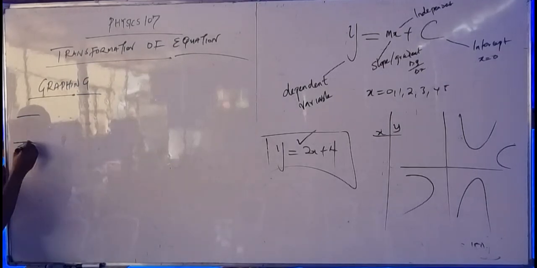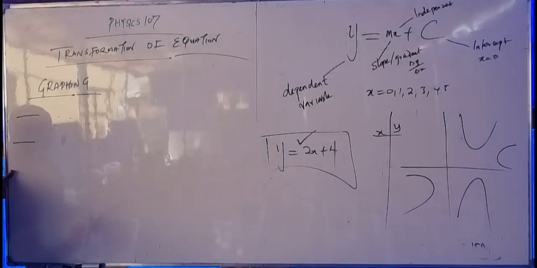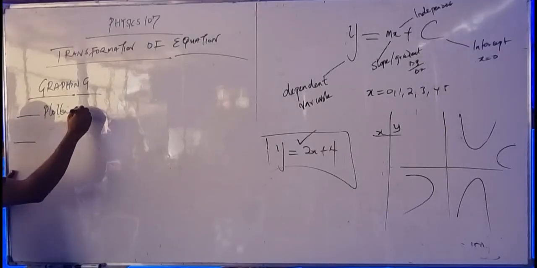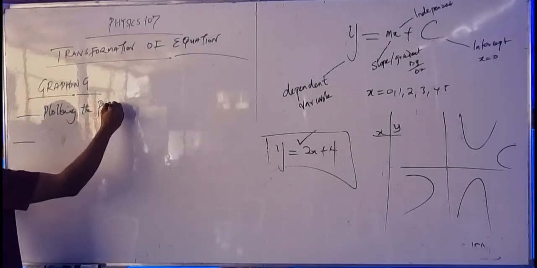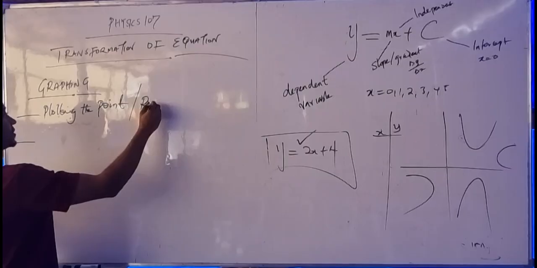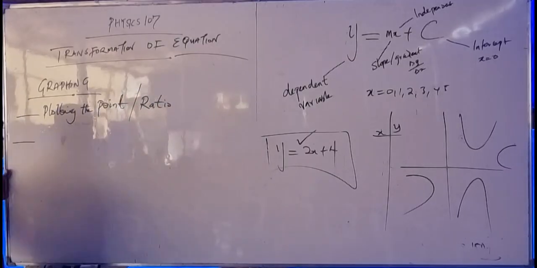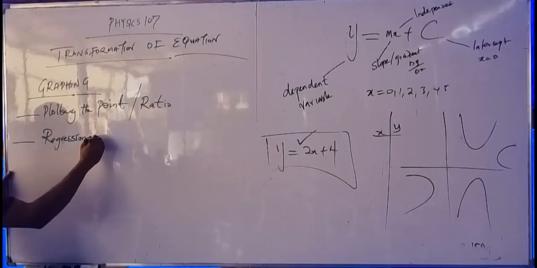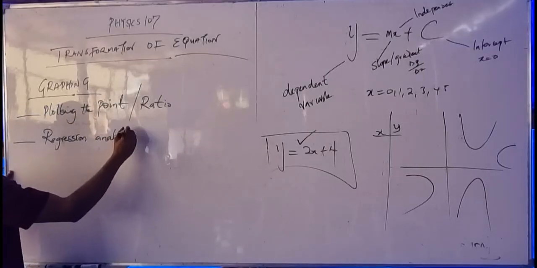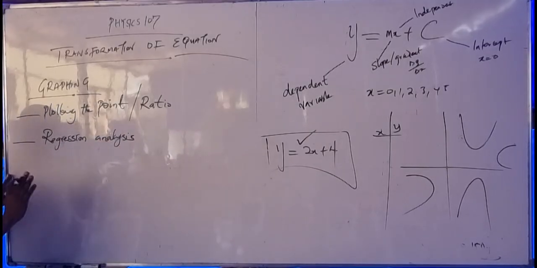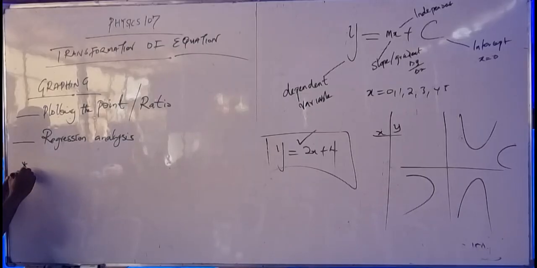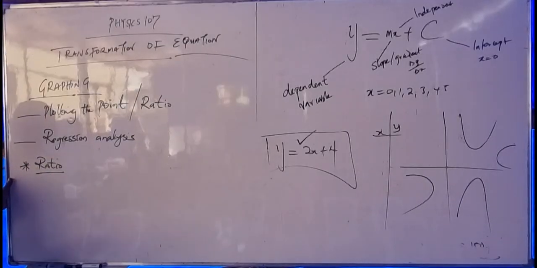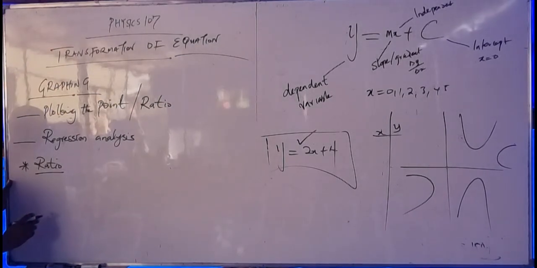We have two methods of graphing. We have plotting just the points, which is also known as by ratio. And we have by regression analysis. These are the two ways. When you get the word by plotting, by ratio, the following ratios we actually adopt while plotting the graph.